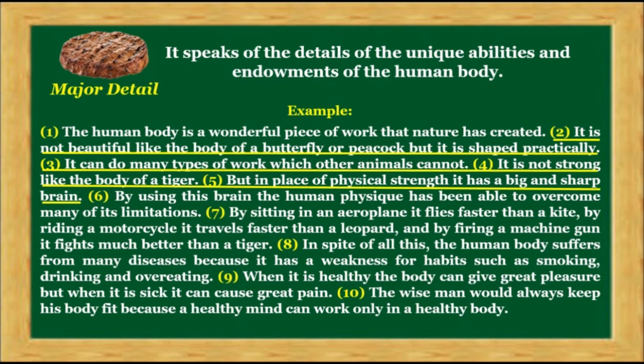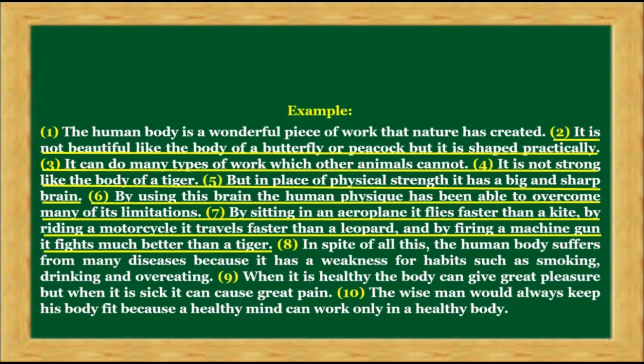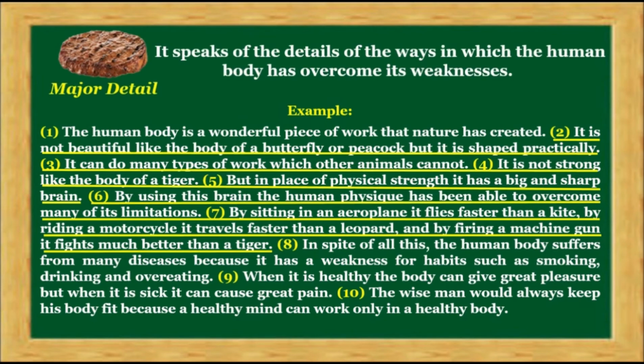Added to that, another major detail used to support the topic sentence is sentences 6 and 7. Those sentences are examples of a major detail because they speak of the details of the ways in which the human body has overcome its weaknesses.